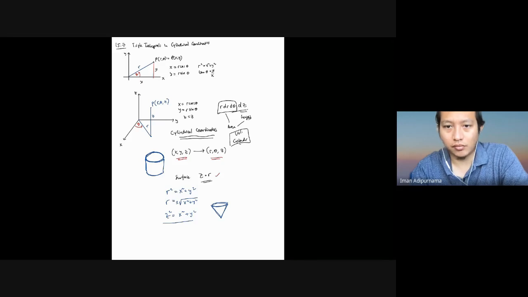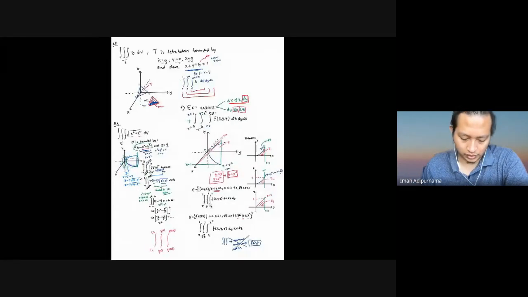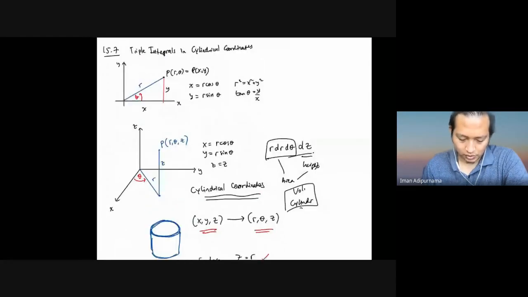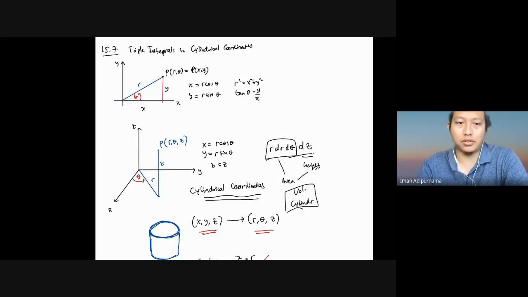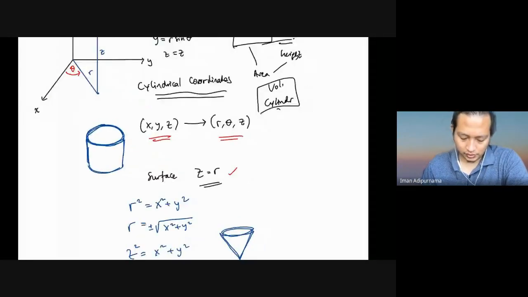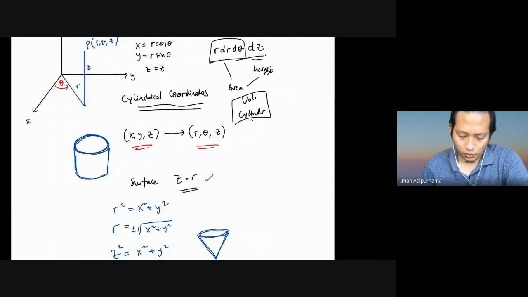Okay, the last time we have learned until the triple integrals in the cylindrical coordinates. So cylindrical coordinates, we are writing the coordinate as r, theta, and z.